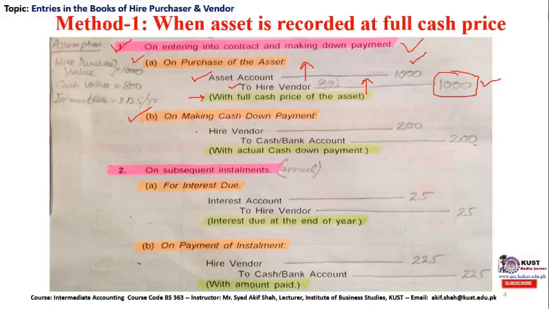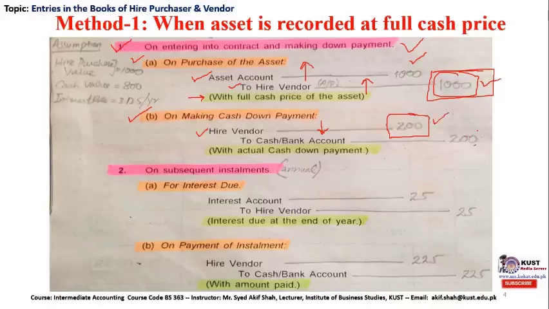So the hire vendor account, what was the total liability of the purchaser? There will be a decrease in the liability of the hire purchaser, and the down payment decided between the two parties is 200. So we have debited our liability by 200 because the hire purchaser has actually paid this obligation to the vendor.